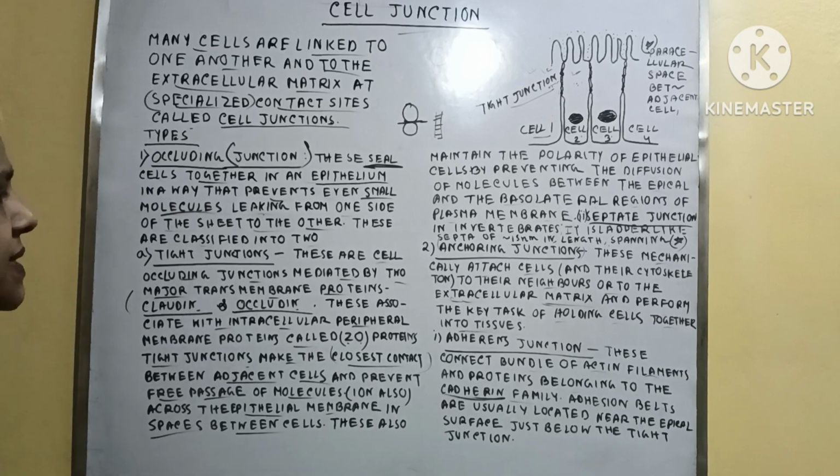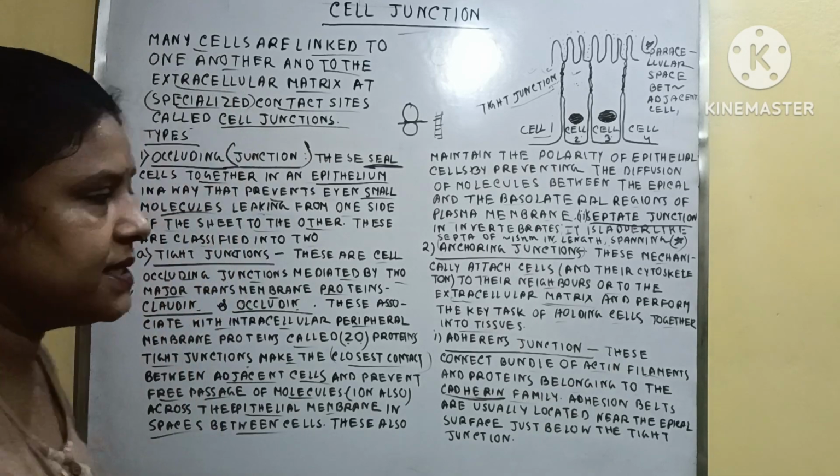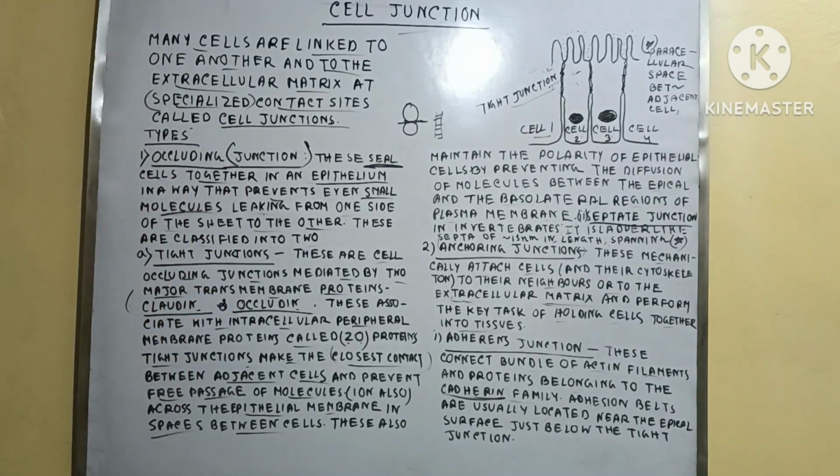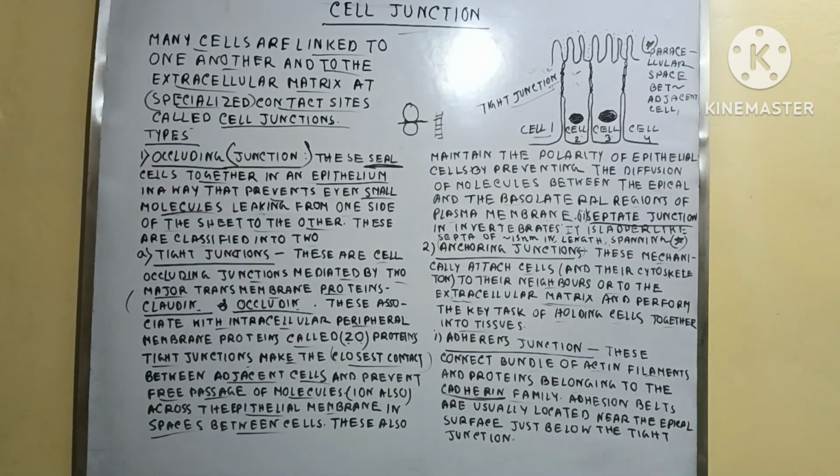So actin filaments are connected with each other by this adherens junction. Next we will learn about another junction.